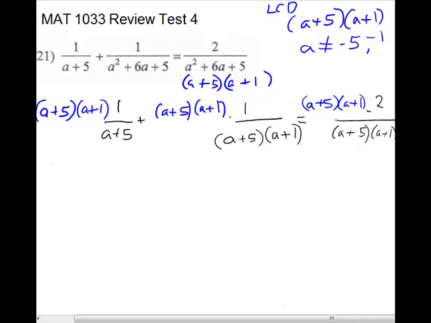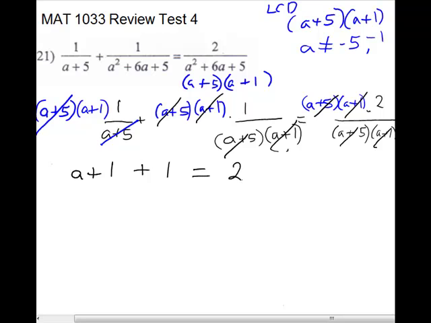Now we're going to clean up, and we'll see what all cancels. In my first term, my a plus 5 will cancel. That leaves me a plus 1 times 1, which is just a plus 1. In my second term, the a plus 5 cancels, the a plus 1 cancels, so all I have left is a plus 1. Equals, on this side, the a plus 5 and the a plus 1 cancel, so I have a 2.